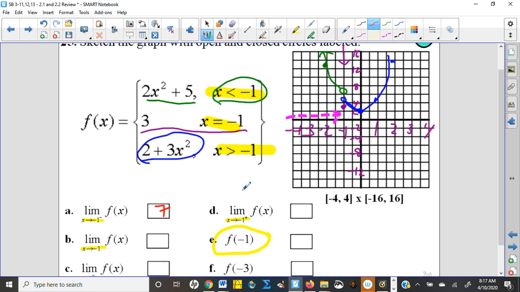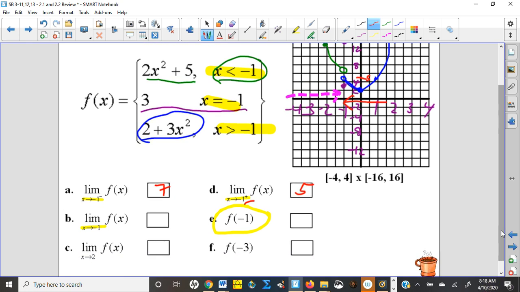On the other hand, as I approach -1 from the right, so this time we're coming into -1 from this direction, the positive x's, okay? Our values are moving a little bit up towards this value. Remember we said that value right there was 5, and you could easily get those by just plugging -1 into the appropriate function. So as long as you know what direction it's coming from, you know which function should be used.